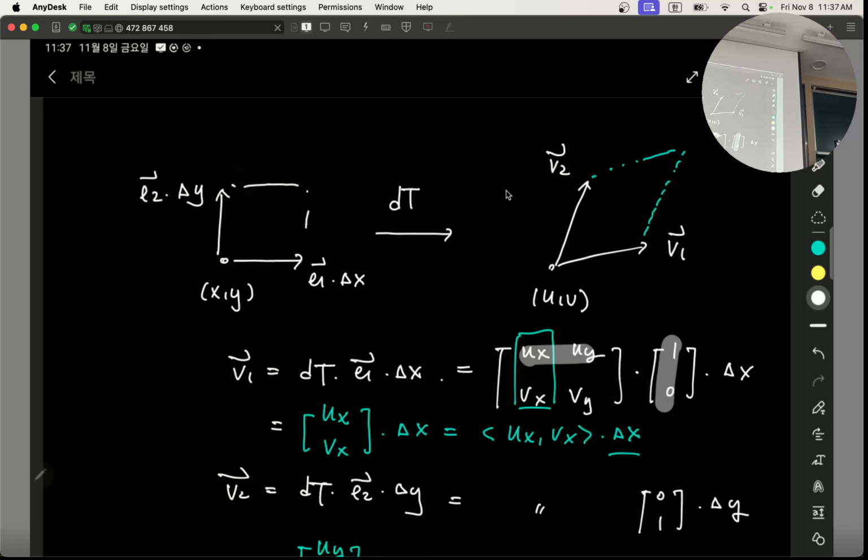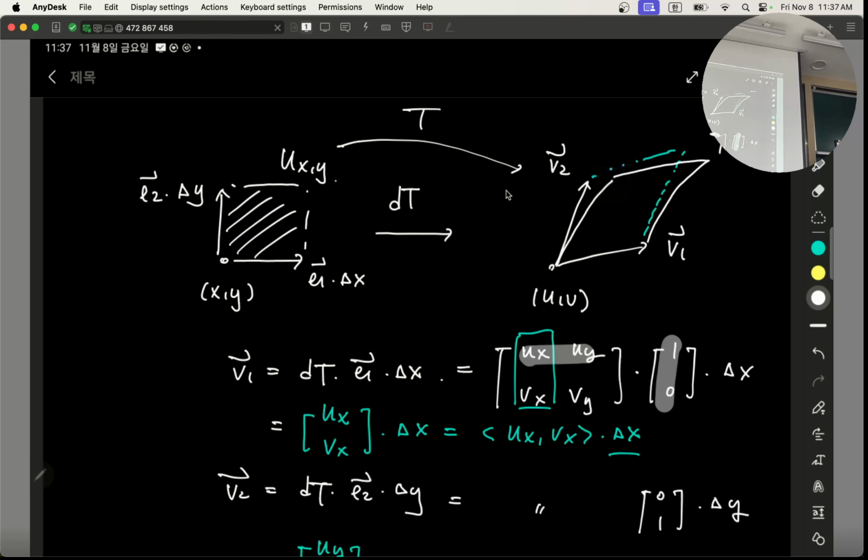Because it's small, we can assume that this parallelogram bounded by V1 and V2 approximates the area of the corresponding section. So if I say this is my region in the domain, then the actual region that corresponds to it under the function t might not actually be the parallelogram. Maybe it's similar to this. So the image under t might be slightly off from the parallelogram.